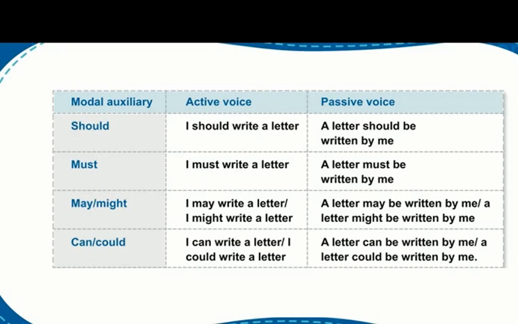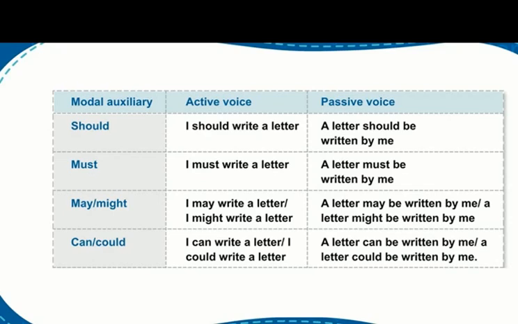In the same way, may or might. In active voice, I may write a letter. That will be, in passive voice, a letter may be written by me. Using the modal auxiliary verb might in active voice, I might write a letter.